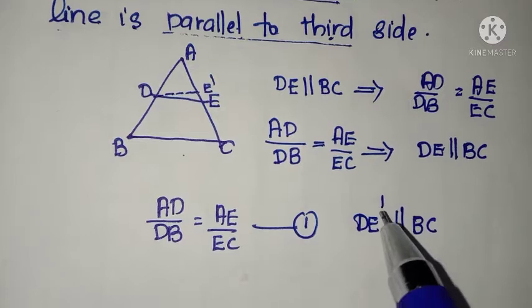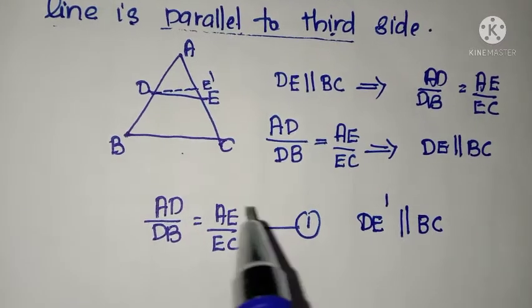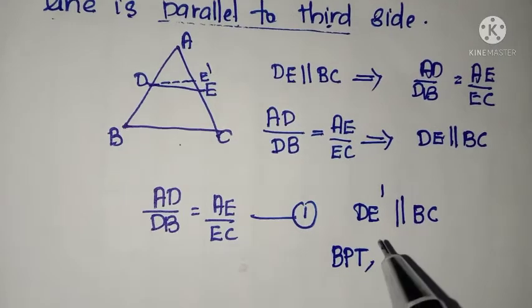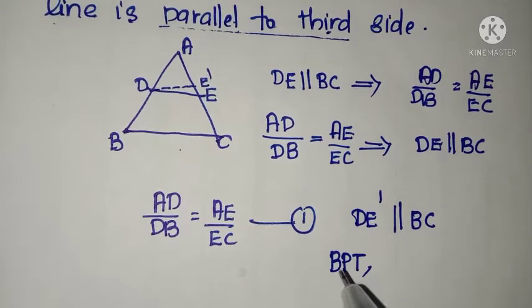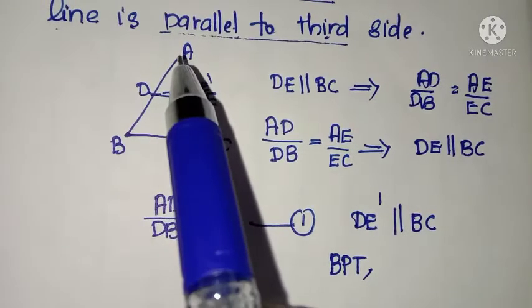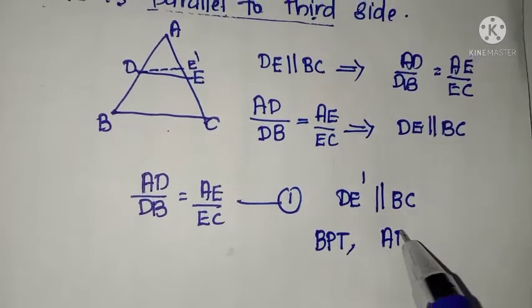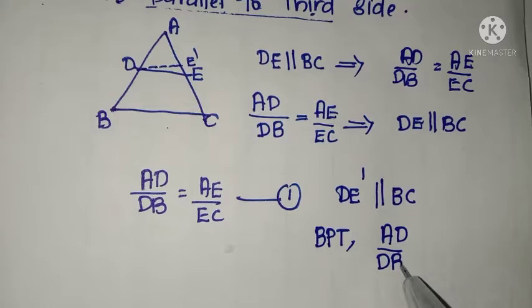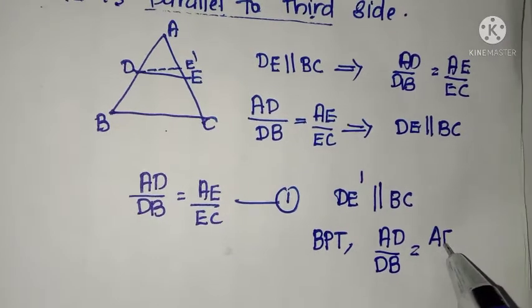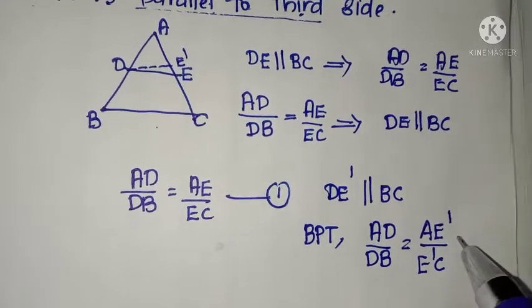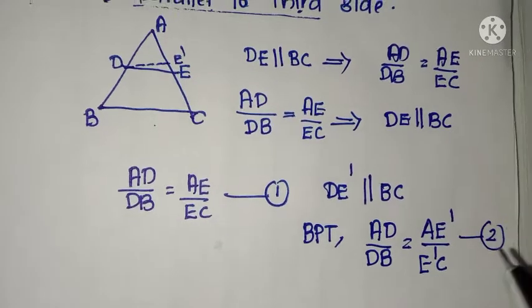If DE dash is parallel to BC, then we can apply the basic proportionality theorem. So, by the basic proportionality theorem, the corresponding ratios, what are the ratios? AD by DB is equal to, listen children, AE dash by E dash C. Put it as equation number 2.